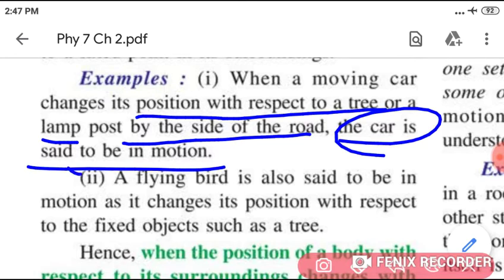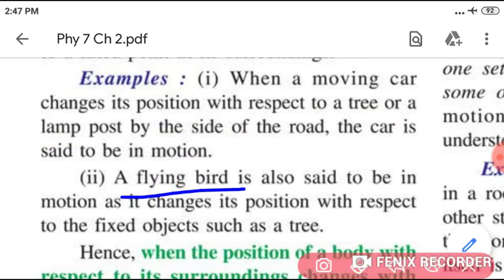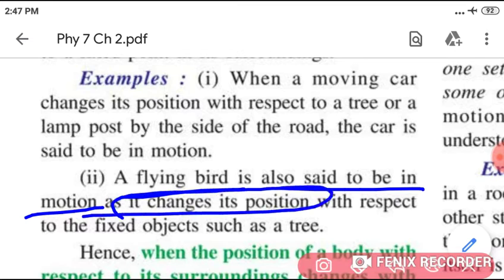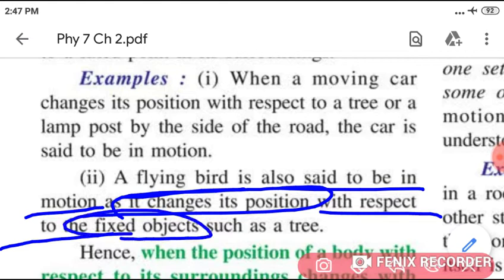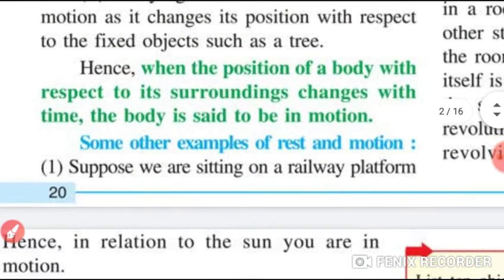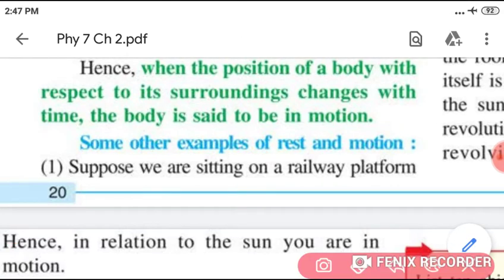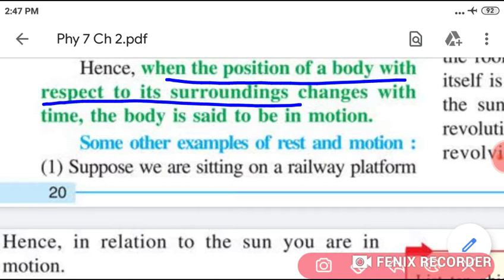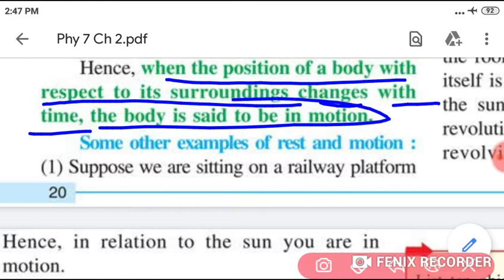Car is in motion. Similarly, a flying bird is also said to be in motion as it changes its position with respect to fixed objects such as what? Trees. So, now underline this point that when the position of a body with respect to its surroundings changes with time, the body is said to be in motion.